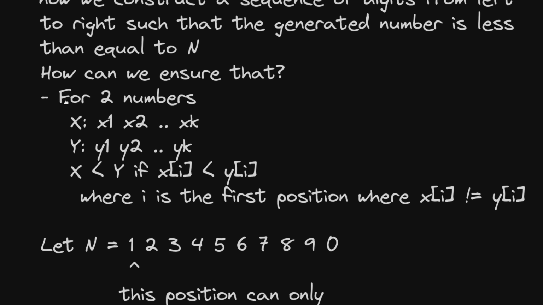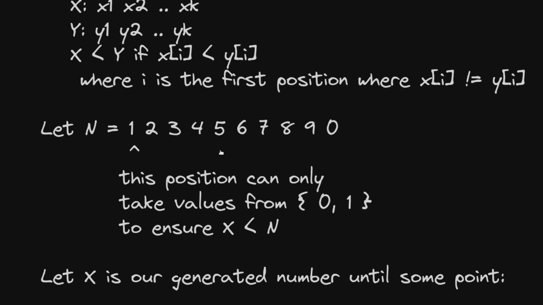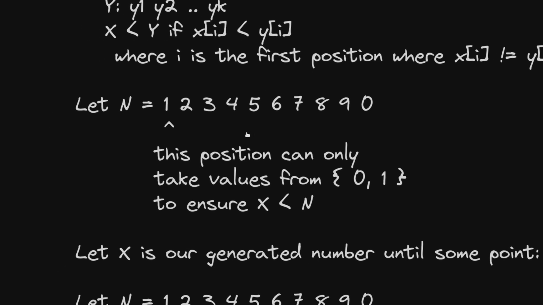As I told earlier, let's say we are comparing two numbers x and y. x is less than y only if, at the first place where the digits are not the same, the first one has a smaller digit at that position. So the first position where a different digit occurs in the two numbers decides which one is greater.